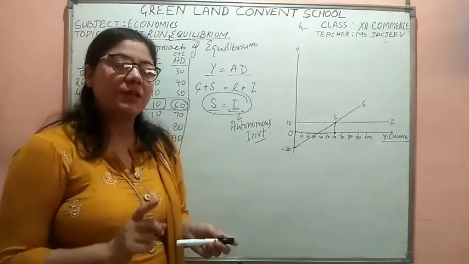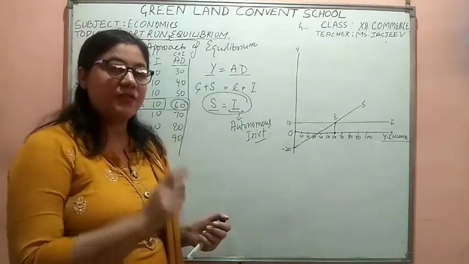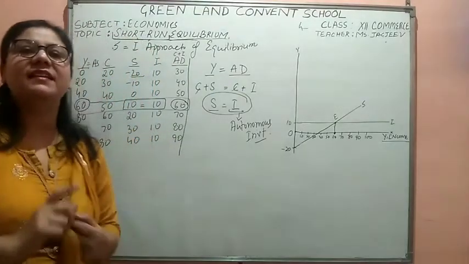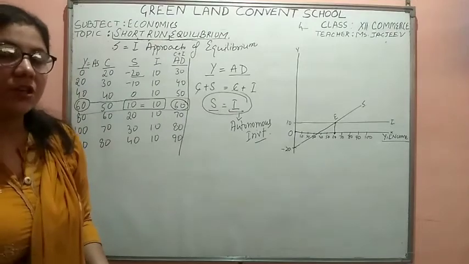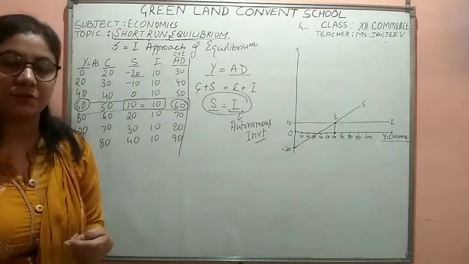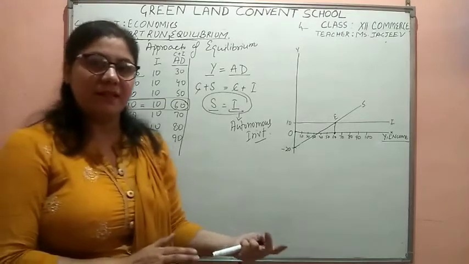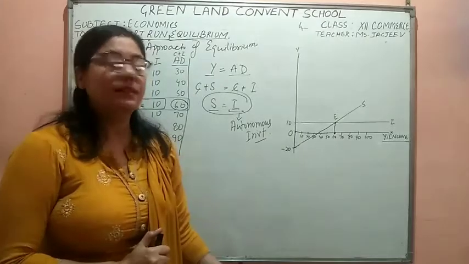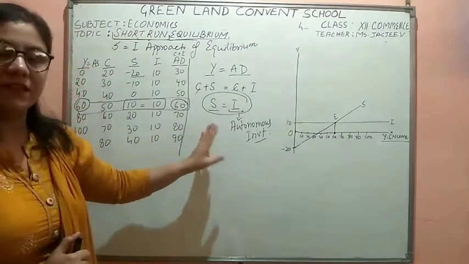Everything we are talking about is ex ante: ex ante savings, ex ante investment, ex ante AD, ex ante AS. We are not talking about ex post. It is only what the producer or consumer planned, not what is actually being done in the economy. Nothing has to be done with actual investment and actual saving, only with the plan.